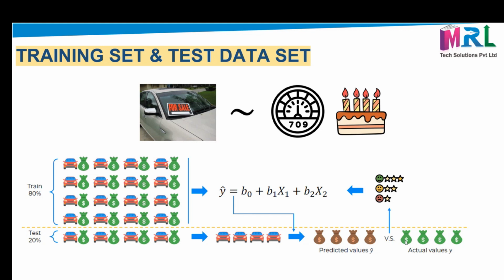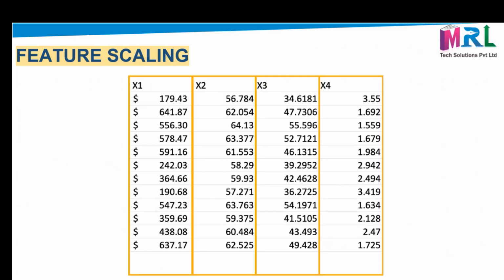Finally, we will see whether the predicted values and the actual values from the data set are the same or not, and based on that we will evaluate the model. Are you able to understand clearly now? 80% of the data for training and 20% for testing. When you are testing, you have the predicted values and the actual value, and if you compare these two values, we will be able to evaluate the model.